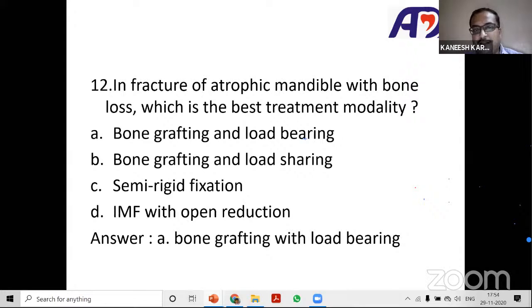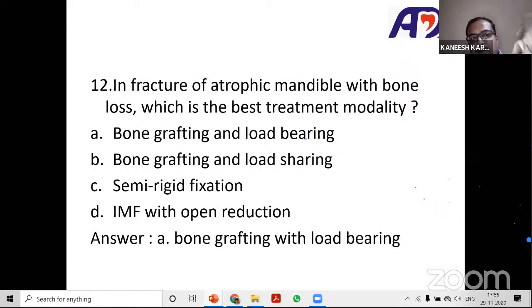Because it is an atrophic mandible, we need a load bearing plate that bears the weight of the mandible. You see here, this is a load bearing thick plate. This is a 2.5 mm thick plate.